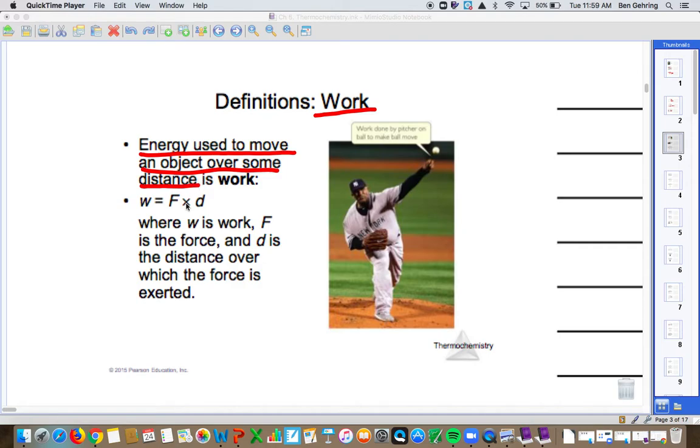The equation to calculate this is pretty straightforward: work equals your force, which is your energy being exerted, times the distance. W is work, F is force, and d is the distance over which the force is exerted. So there is your definition for work and the equation that goes along with it.